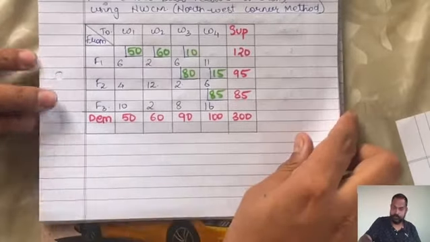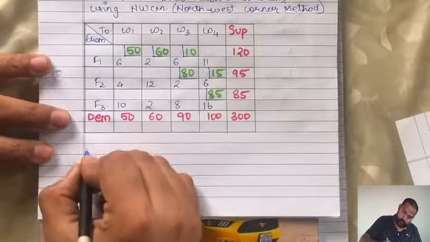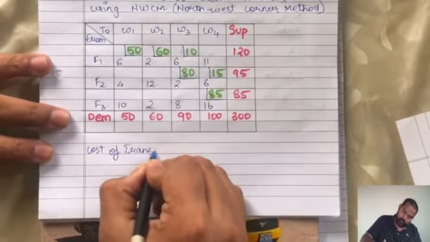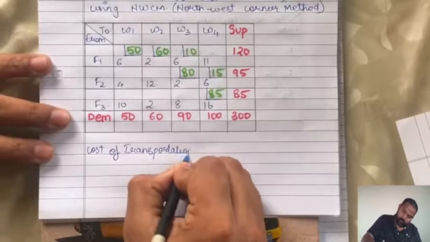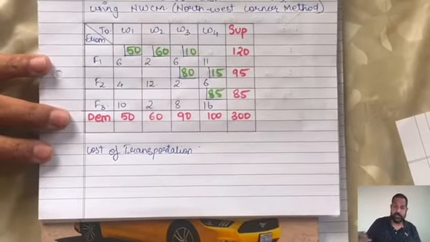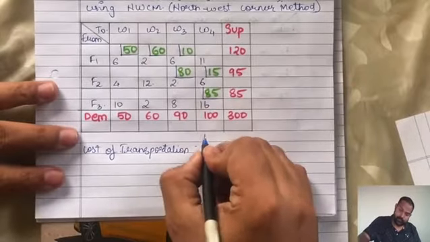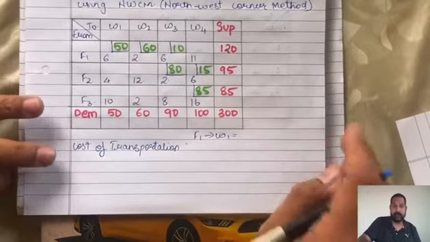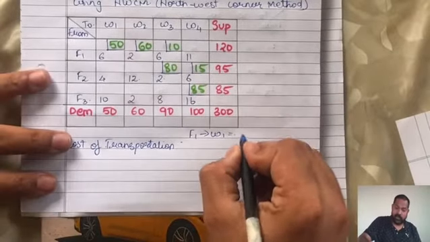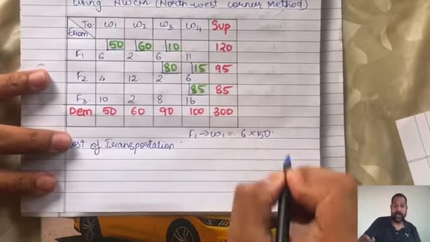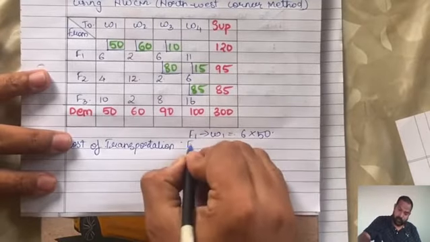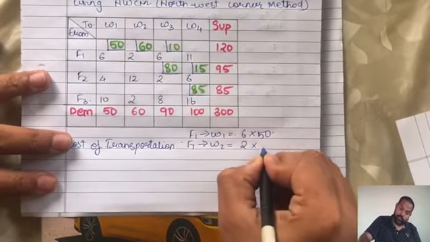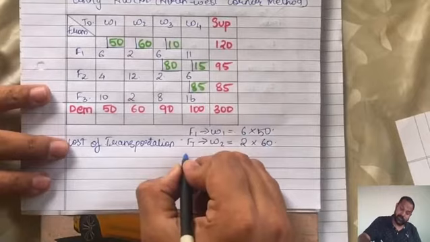So I'm going to say cost of this transportation schedule is going to be from F1 you supply to W1. What are you supplying? At a cost of 6 rupees per unit, you are supplying 50 units. From F1 to W2, at a cost of 2 rupees per unit, you are supplying 60 units.